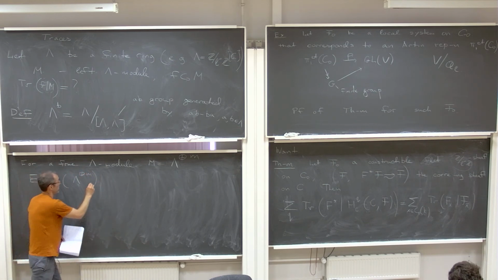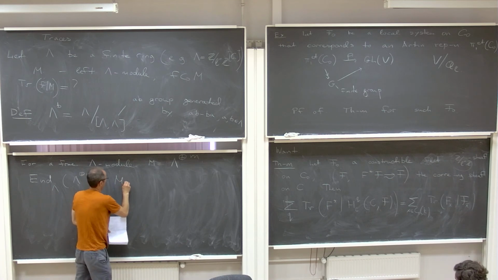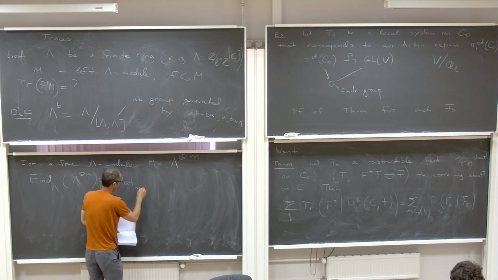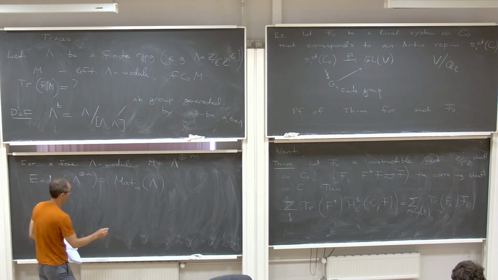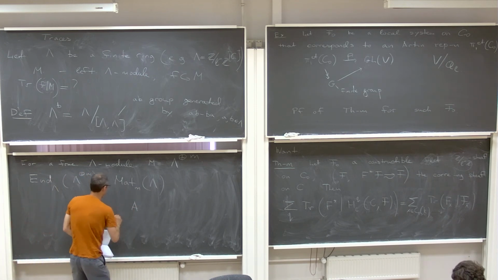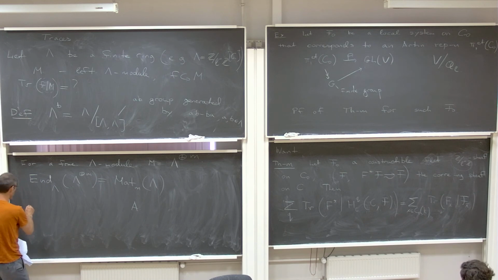Just matrices. M times M matrices with coefficients in lambda. Namely, if I have a matrix A, then what is the corresponding endomorphism?